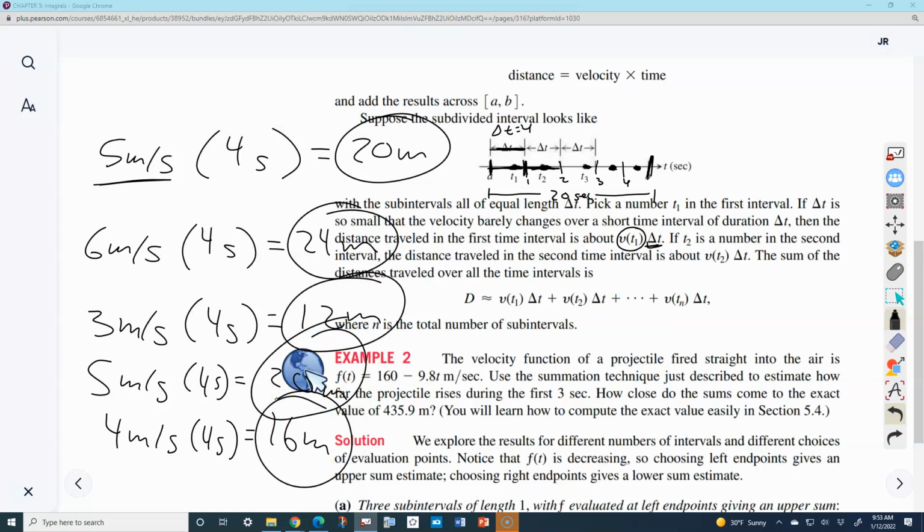All that added together will be the total distance I traveled over the full 20 seconds. And that is very related to the area of the first rectangle plus the area of the second rectangle, on and on until I get the full area. So it's like that velocity is the height, that time is the width of the rectangle. So it works the exact same way.